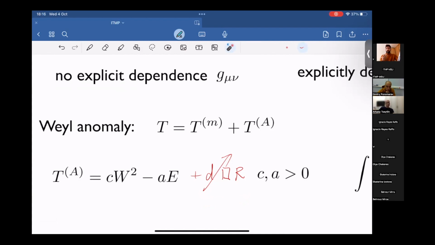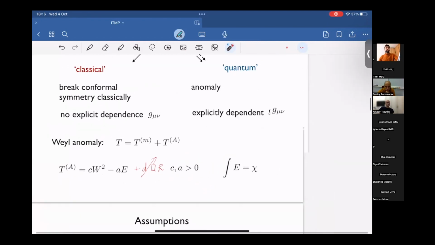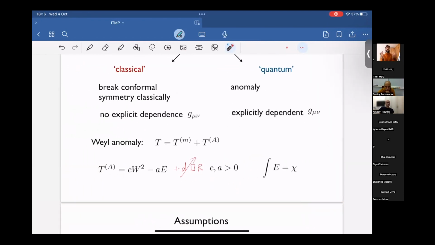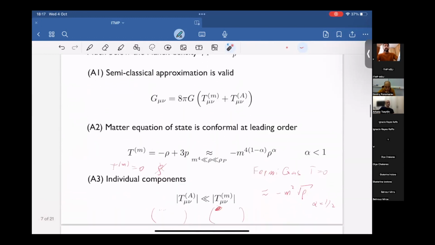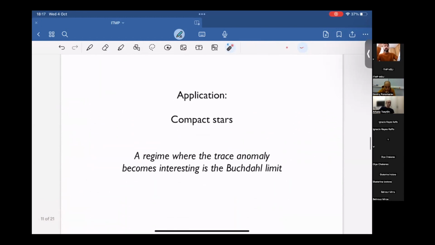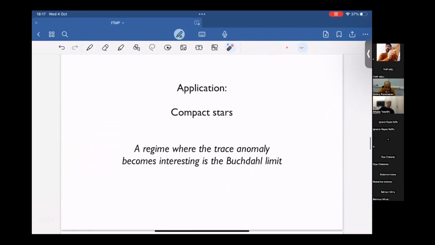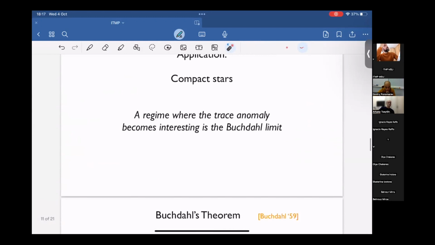Certainly. So I actually thought about this problem. It was the first thing that came to mind, because then the Weyl tensor is zero everywhere, right? So it's an even better case. The thing I wasn't able to find, but if someone has an idea, I would be really happy to hear about it, was an application.